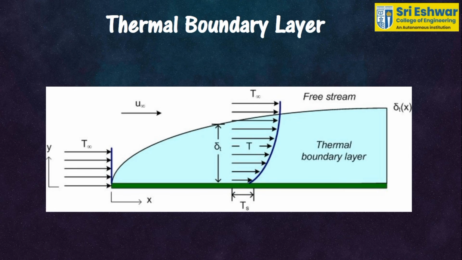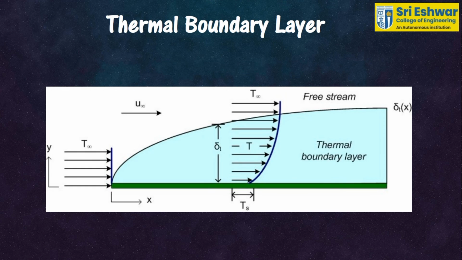Consider a fluid of uniform temperature and velocity impinging onto a stationary plate uniformly heated to a temperature. Let us assume the flow and the plate are semi-infinite in the positive or negative direction perpendicular to the plane.